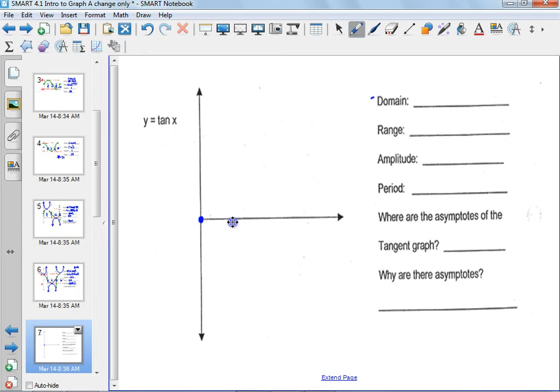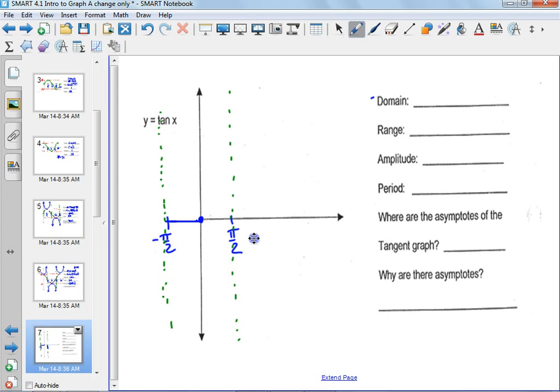Well, if its period is pi, what would be half of that? Pi over 2. So right here, mark pi over 2. And even though it's not here, I'm going to cheat and mark this as negative pi over 2. We noticed from our calculator that it did a weird squiggle through the origin. Just trust me for a minute and draw in a vertical asymptote at pi over 2 and a vertical asymptote at negative pi over 2.